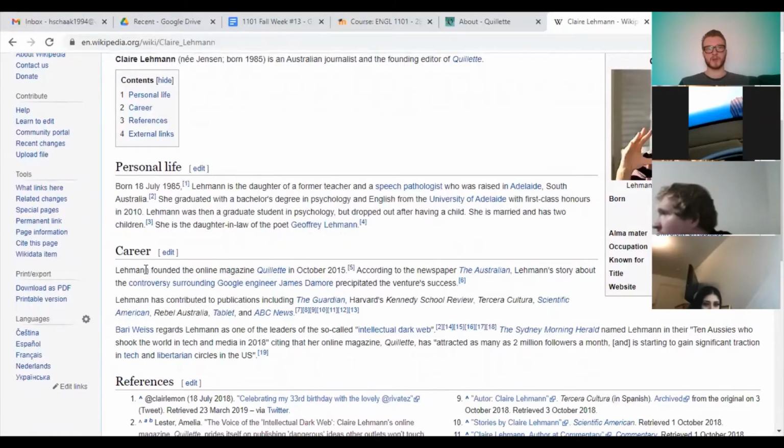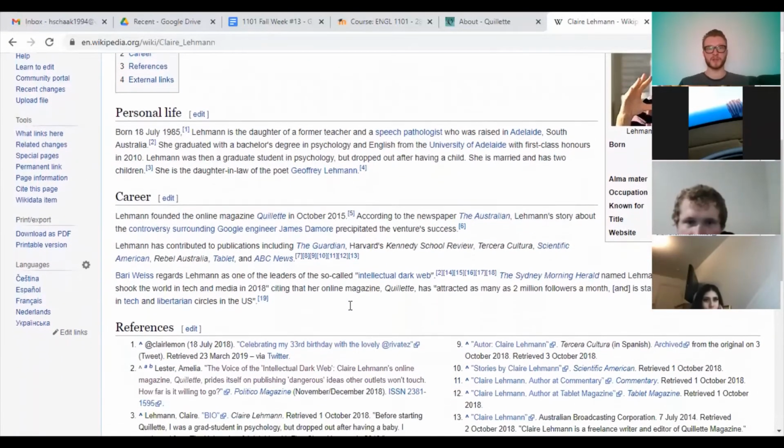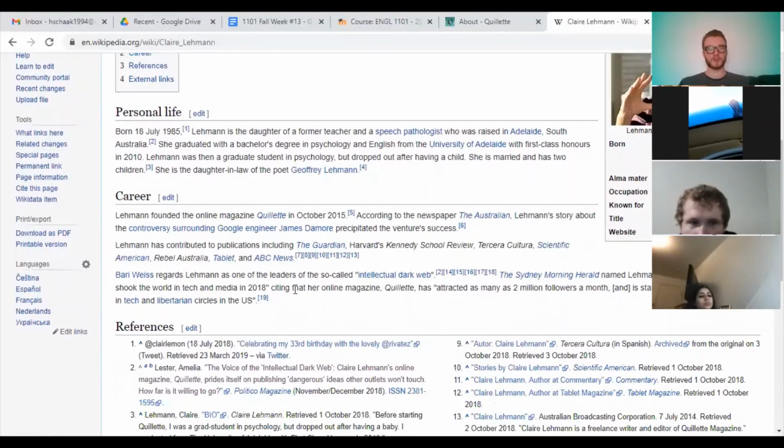It says that she founded the online magazine Quillette 5 years ago, okay. And she's had good success. Okay, there's not really much written about her here. It says that she's regarded as one of the co-leaders of the intellectual dark web. Okay, have you guys ever heard of that phrase before? And if so, what's it associated with?